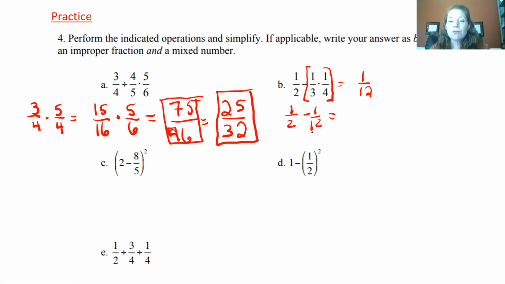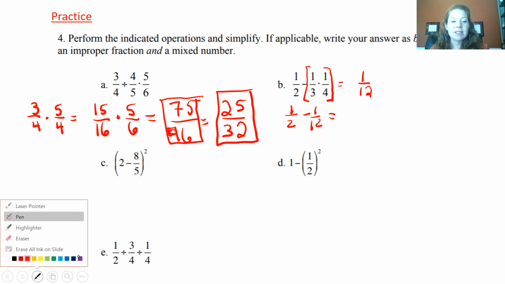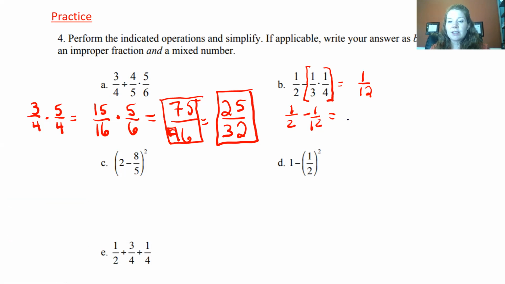So since 2 goes into 12, we're going to change the first fraction into something over 12. Well, 2 times 6 is 12, and 1 times 6 is 6. So when we subtract, we get 5/12, which cannot be simplified.